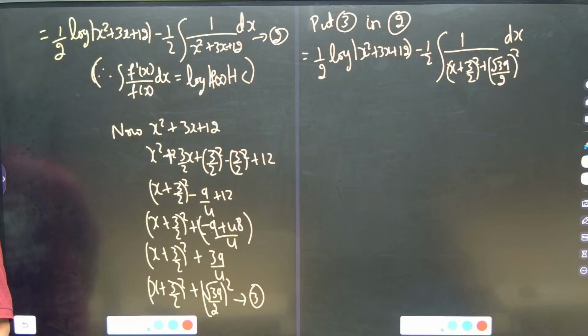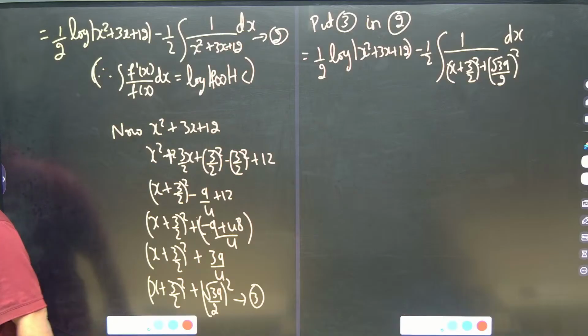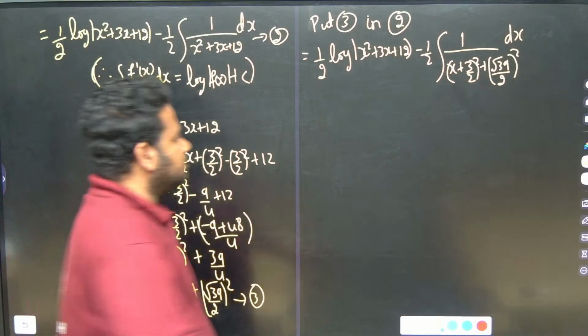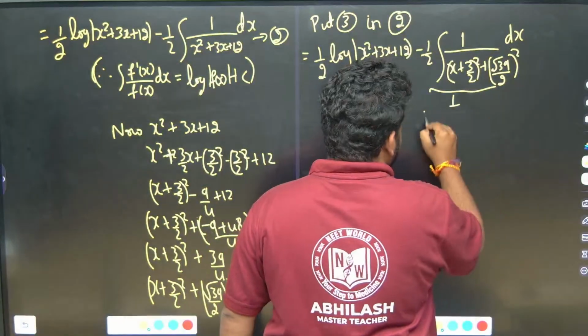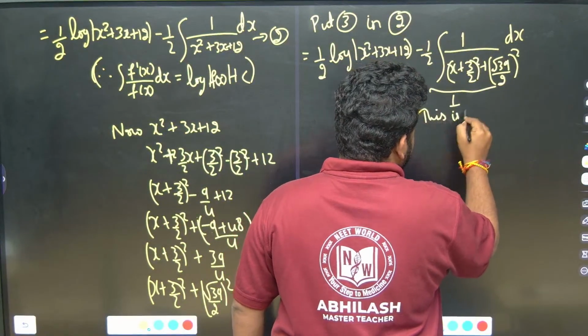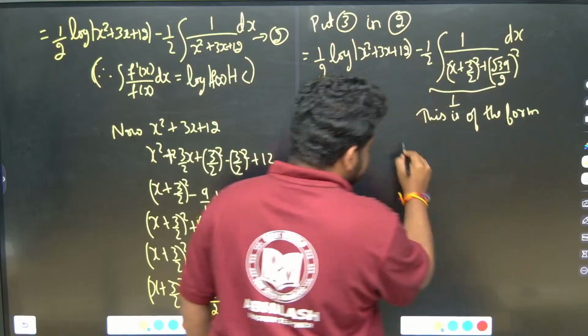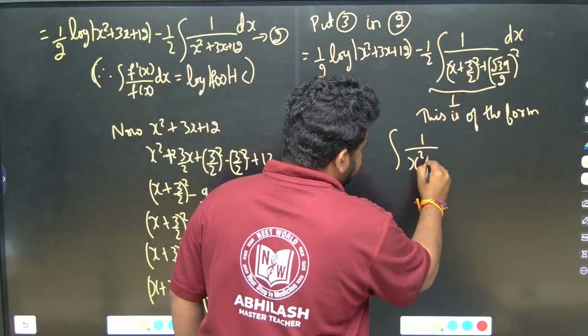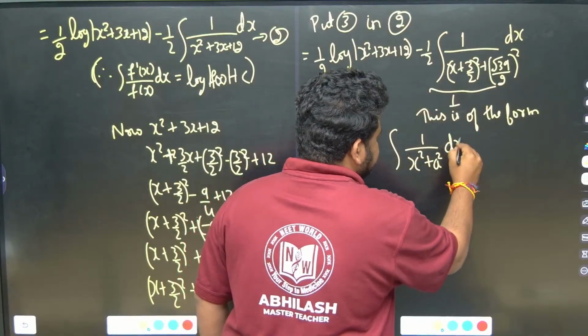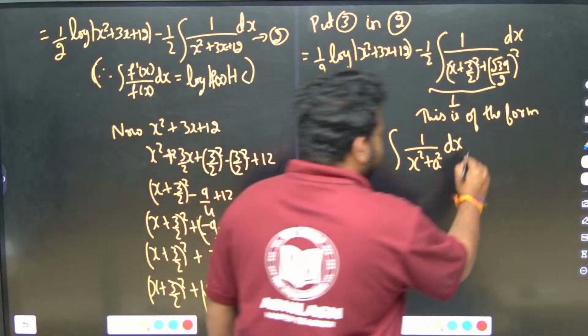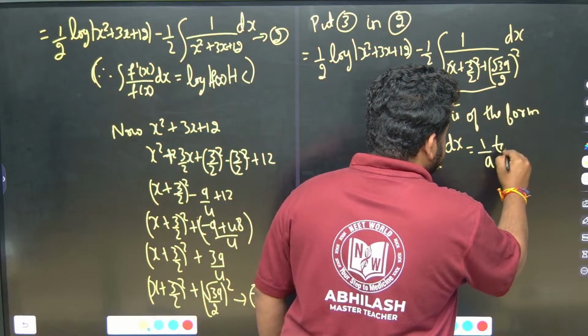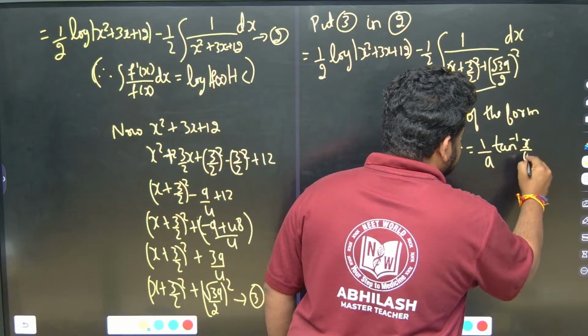Now observe carefully, this is of which form, friends? It is of the form integral of 1 by x square plus a square dx, which equals 1 by a tan inverse of x by a plus c.